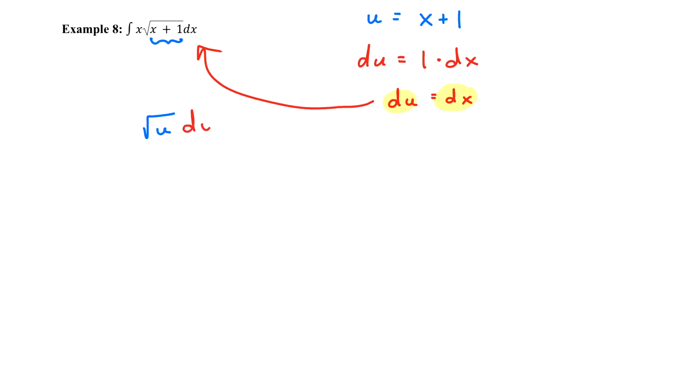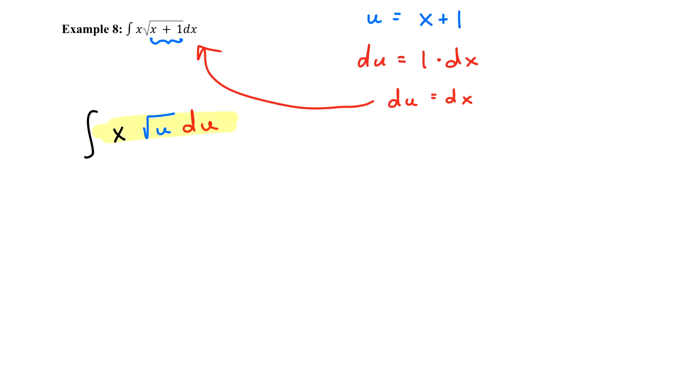The problem I'm going to run into is this extra x, because right now, as it stands, I have the antiderivative of x times the square root of u du.